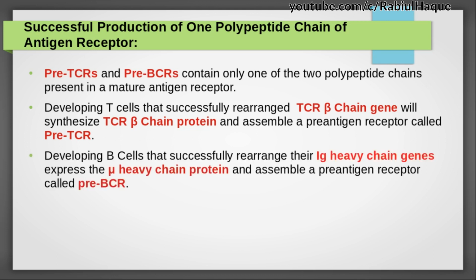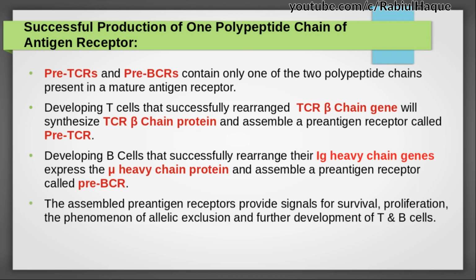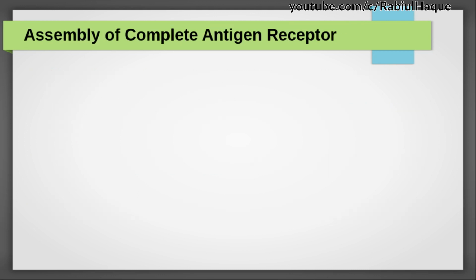Similarly, developing B cells that successfully rearrange their immunoglobulin heavy chain genes will express the mu heavy chain protein and assemble a pre-antigen receptor that is called pre-BCR. The assembled pre-antigen receptors will provide signals for survival, proliferation, the phenomenon of allelic exclusion that we will talk about shortly afterwards, and further development of T and B cells.